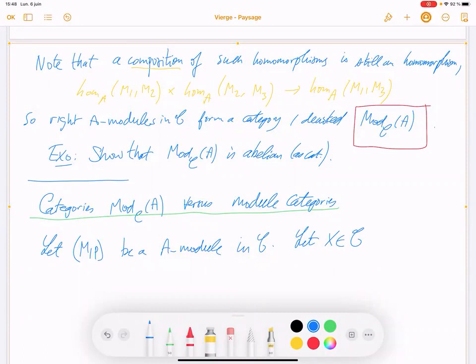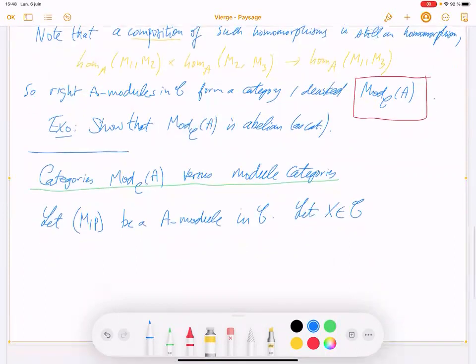So take an A-module M and an object X. Then M is an A-module object, and X tensor M has also a structure of A-module.